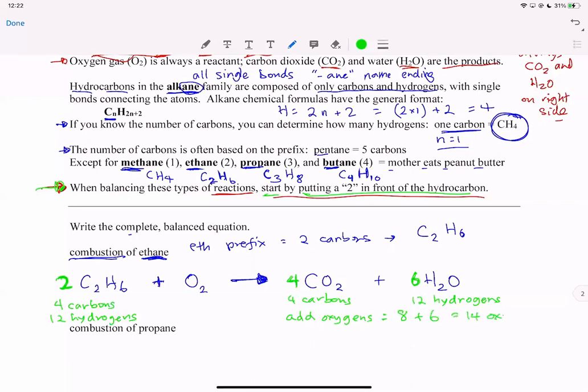That's 14 oxygens total on the right side. 14 oxygens means I'm going to need 14 oxygens on the left side. So to get that, it's going to be 7 times 2, or 14 oxygens from 7 times 2 for O2. So that is a balanced equation when all of the atoms are equal on both sides.